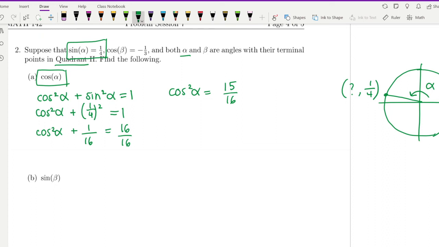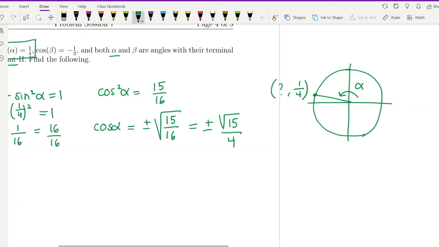And then we can take the square root. And so we get cosine of alpha is equal to plus or minus the square root of 15/16. We can simplify this a little bit because the square root of 15 cannot be simplified, but the square root of 16 can. So we have the square root of 15 over 4. And then the last step is figuring out whether it's positive or negative, and that's where our picture comes in, right?